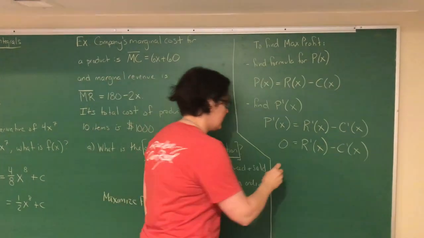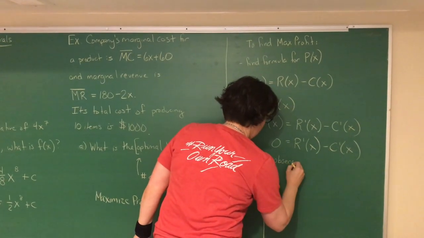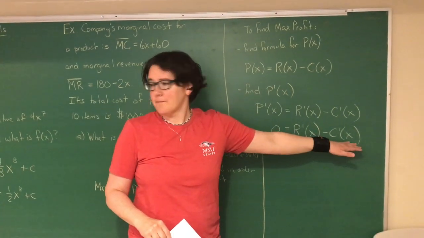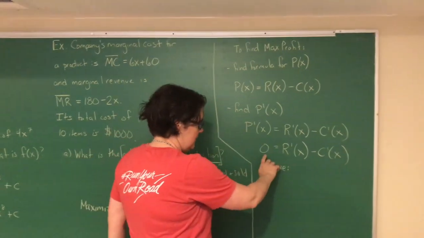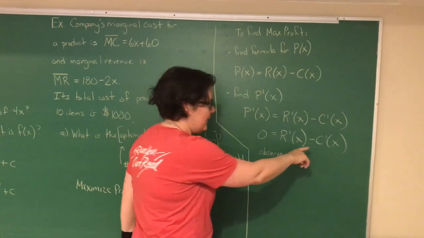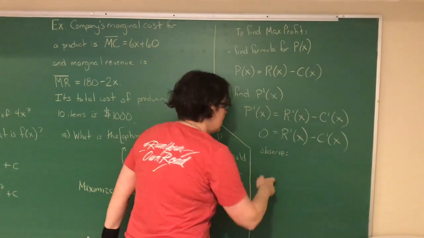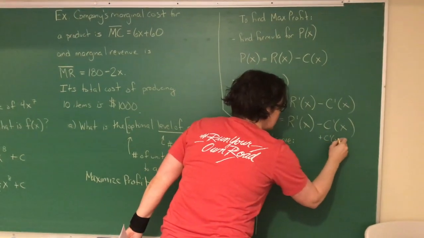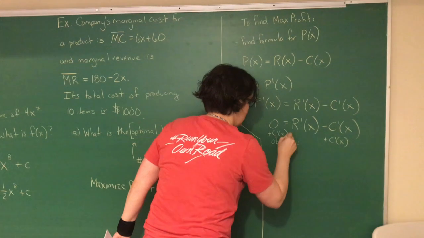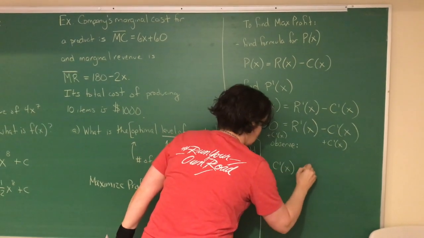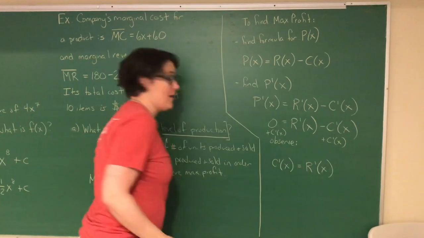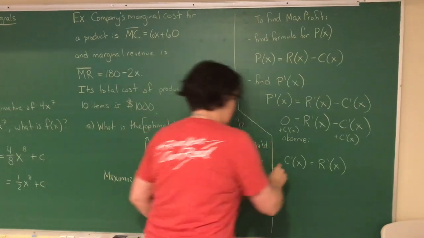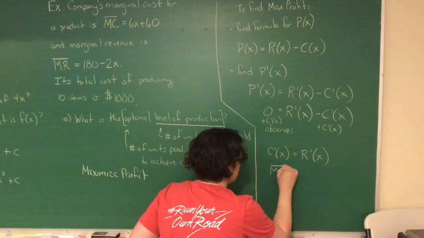Now, something I want to observe here. This 0 equals R prime minus C prime means, well, I can do a little algebra here. I can add C prime to both sides. So when I have 0 equals R prime minus C prime, if I add C prime of X to both sides, I get C prime of X equals R prime of X. C prime, the derivative of cost, is marginal cost.